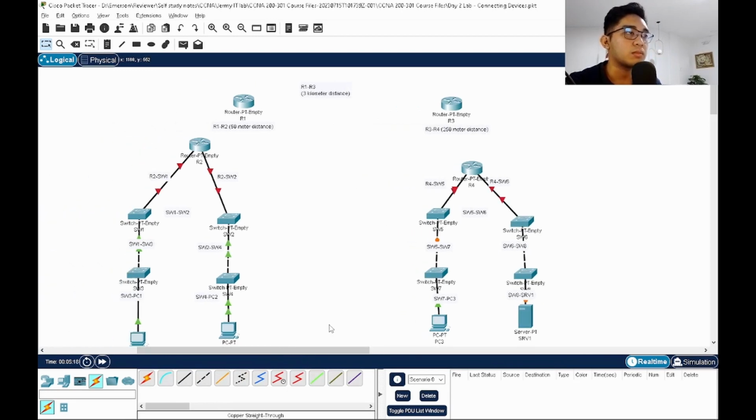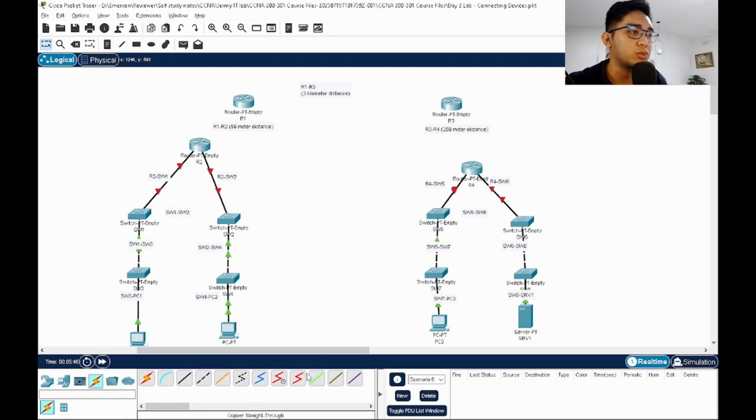So here's the tricky part. We need to use a fiber optic wire for this connection because it says it is a 3-kilometer distance. So what we're going to do is use a single mode fiber, because a multi-mode fiber only works for around 500 meters, I believe.